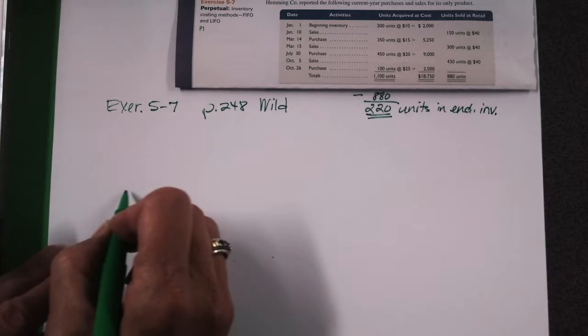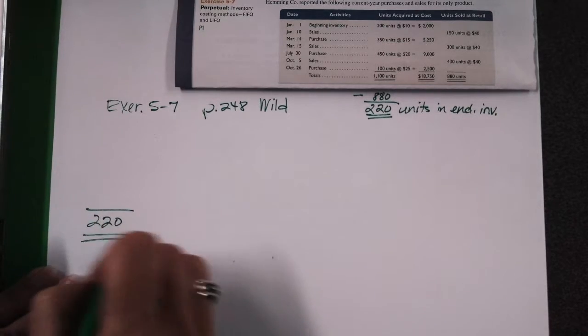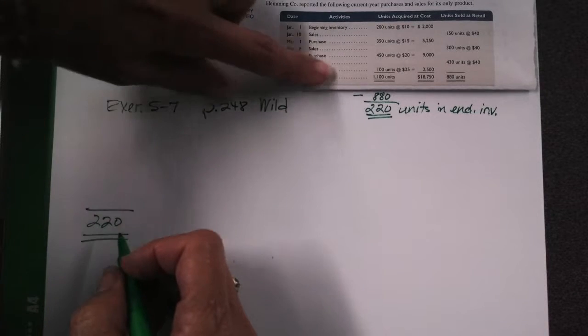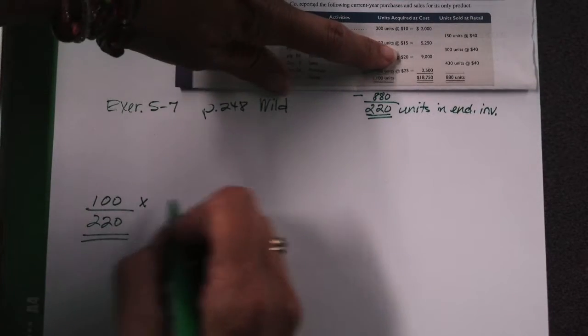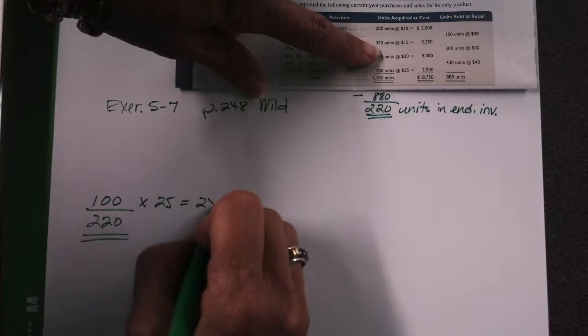So I need to get to 220 units with my valuation. Well, I'm going to start with the newest stuff. So 100 of those units would come from the most recent purchase at $25.